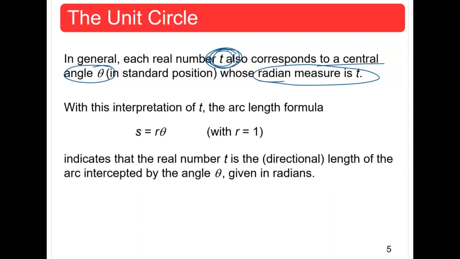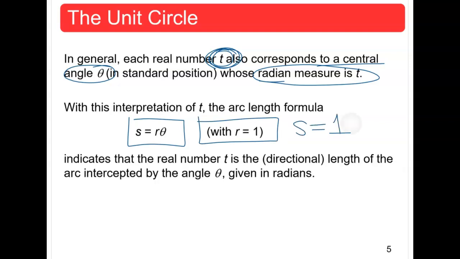So we were in fact using this formula in the previous section, where s is the arc length, r is the radius, and theta is the measure of the central angle. So if r is equal to 1, I'm going to replace r with the number 1, it will be 1 times theta, so s is equal to theta.